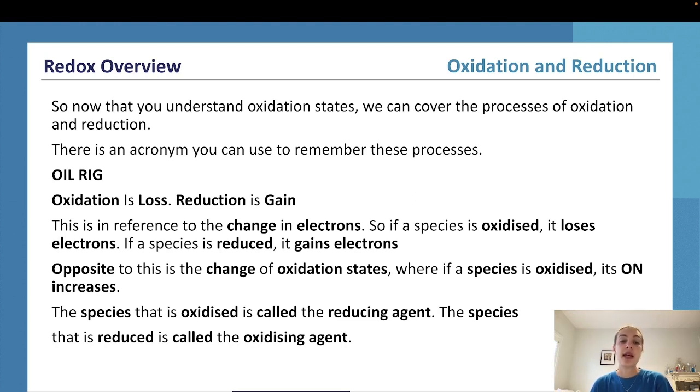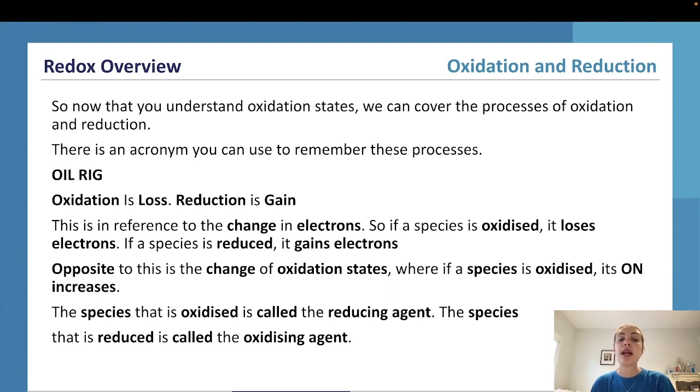When the species is oxidized, it's losing electrons, but it doesn't just lose these electrons to nowhere because you can't create or destroy the electrons. So it's losing these electrons by transferring them to the species which is being reduced, hence it being called the reducing agent, because it loses its electrons and donates them to the molecule which is going to then gain the electrons.